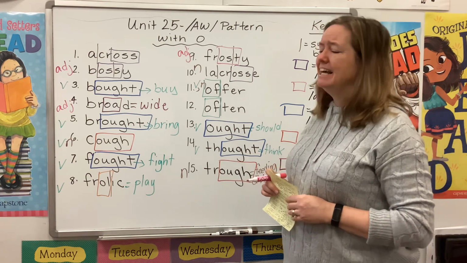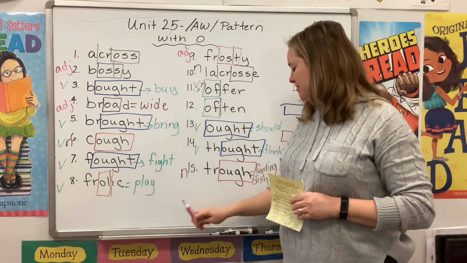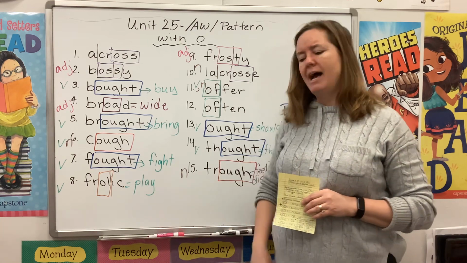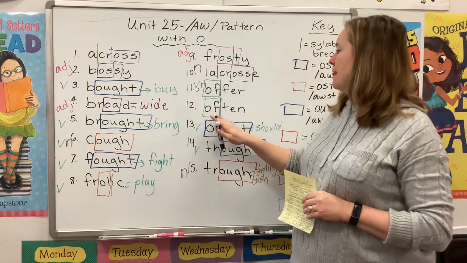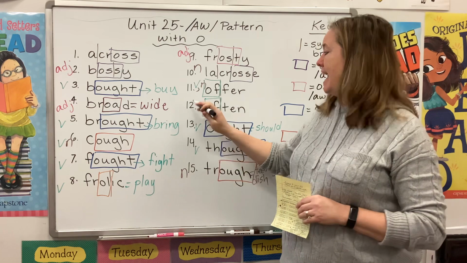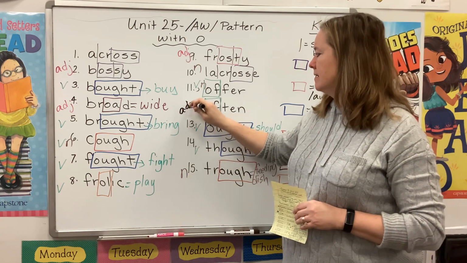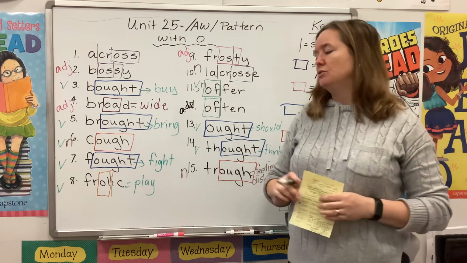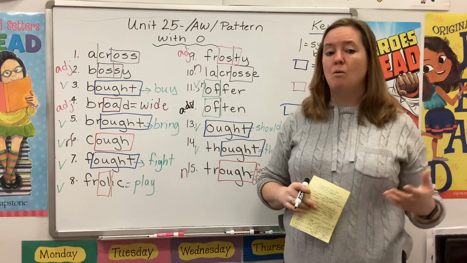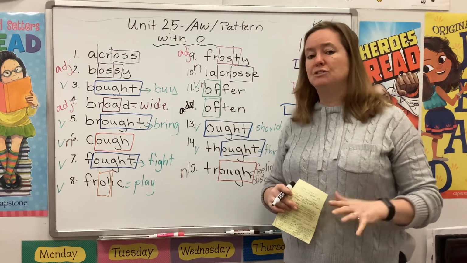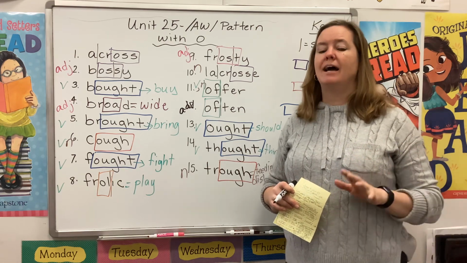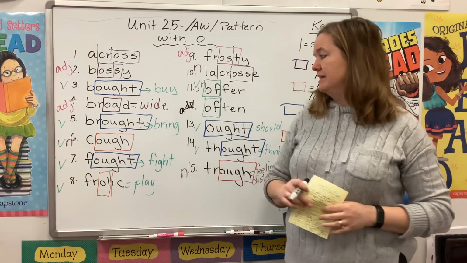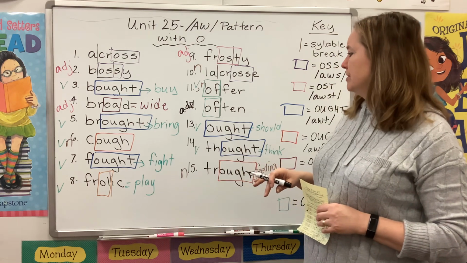And then that's it. Now we do have an adverb this week. We haven't really talked about adverbs too much, but often is an adverb. Adverbs add detail to a verb. So often describes how often you do something, like I exercise often, I eat healthy meals often. So that would be an adverb.